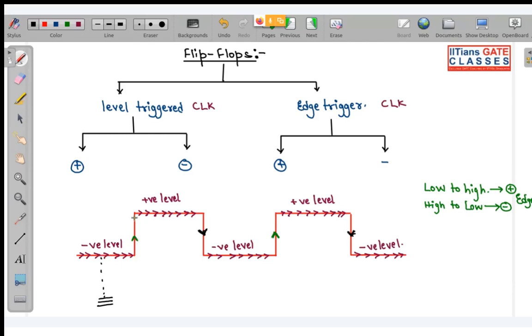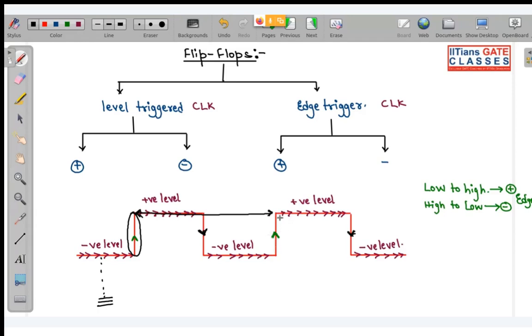It will change its output only when it encounters this edge. And immediately after this edge, whatever the output is, it is going to be held for this entire duration until your positive edge triggered flip-flop encounters the next positive edge.